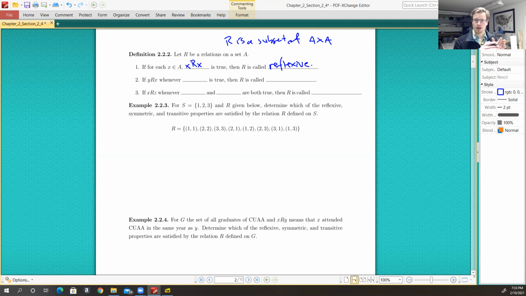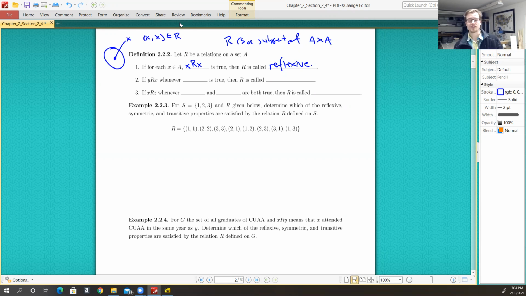Again, I want to make sure that it's clear. We're going to take a set A. We go in and we find that point x, and based on whatever the relation is, does (x, x) belong to the relation? Is x related to itself?